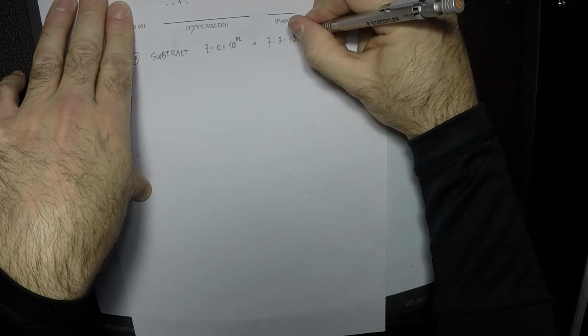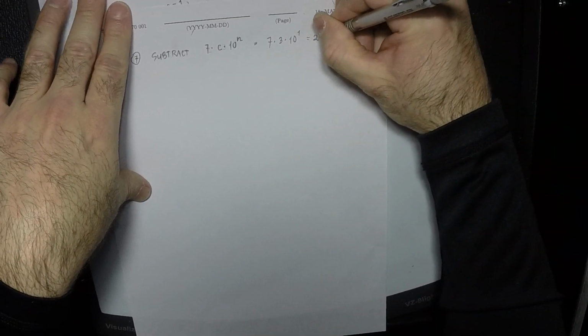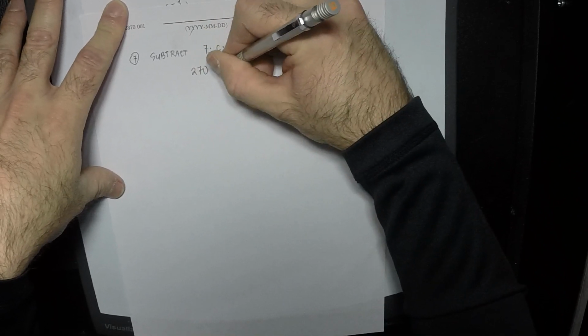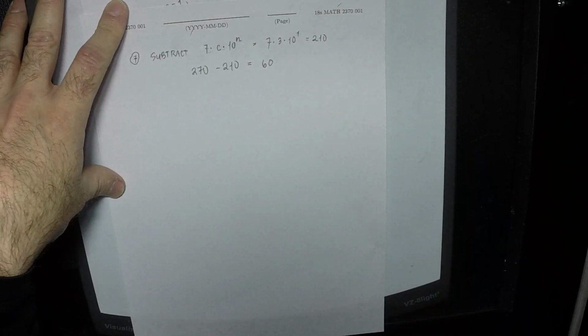So I'll write 10 to 1, which is how much? 210, right? So we do that: 270 minus 210. So that means that there's 60 left over.